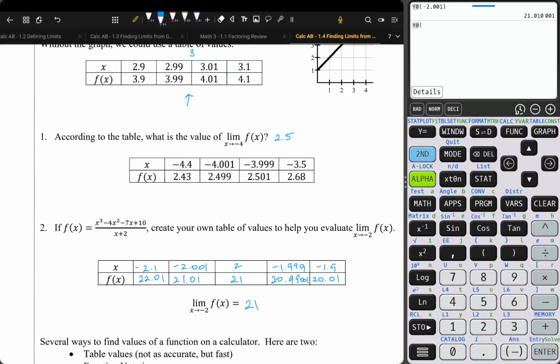So instead of y0 of -2.001, I'm going to put -1.999. Okay? And I'm going to get even closer. So I'm going to do second entry again. I'm going to throw in another 9. Notice how I'm getting closer to a specific number. I'm going to throw in one more 9. Oh, now we're getting too close. It says indeterminate because the denominator is becoming 0.